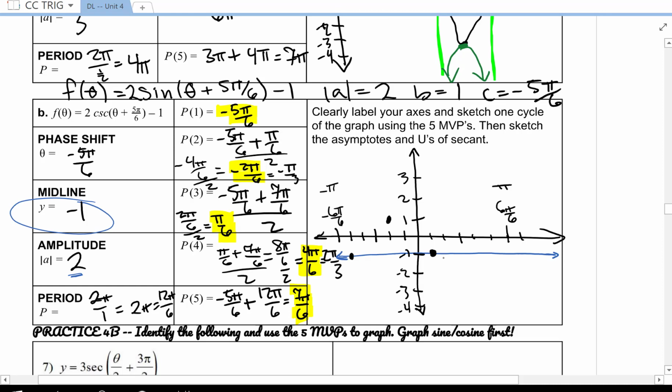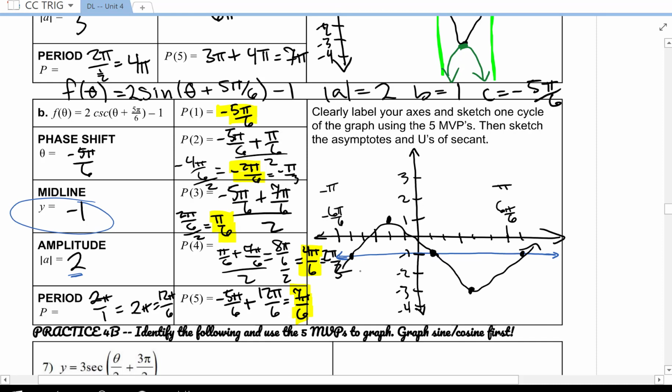Remember, the midline is not the x-axis, which is really hard to remind yourself of. Okay, down, so then we have 4 pi over 6. You're going to go down 2 below the midline, so to -3. And at 7 pi over 6, you're back at the midline. Whew, you did it, you survived.